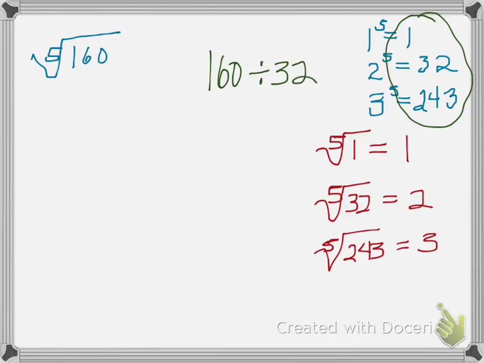So I'll take out my calculator, and all you need is these right here. I don't know the answer. I mean, I'm going to be working on it just like you are. So I'm going to take 160 divided by 32, and I sure hope it works. It does. Okay? 160 divided by 32 is equal to 5.